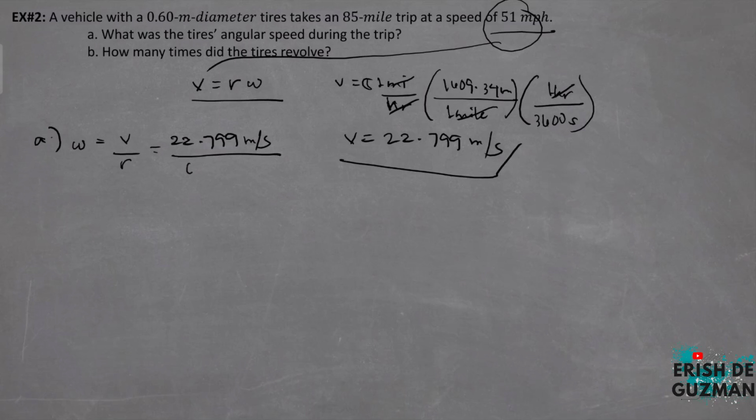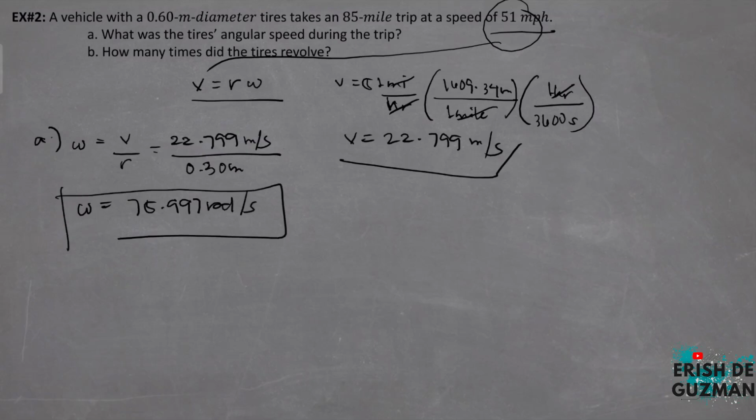We have 0.3 meters na radius. Diameter ang given sa atin. Angular velocity is equal to 75.997 radians per second.